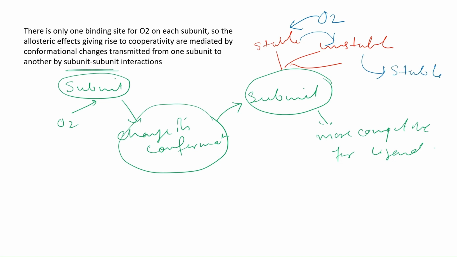This is how all the unstable segments of a single subunit will convert into stable segments. Once this conformation change is done, this whole subunit now has a different conformation. This message will then transfer to its neighboring subunit, making it more stable or giving it a higher affinity for the ligand.